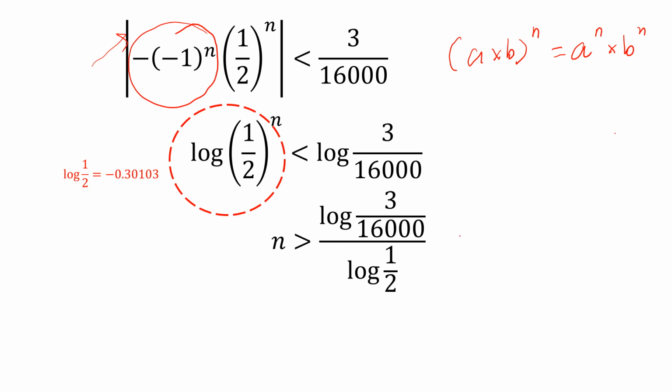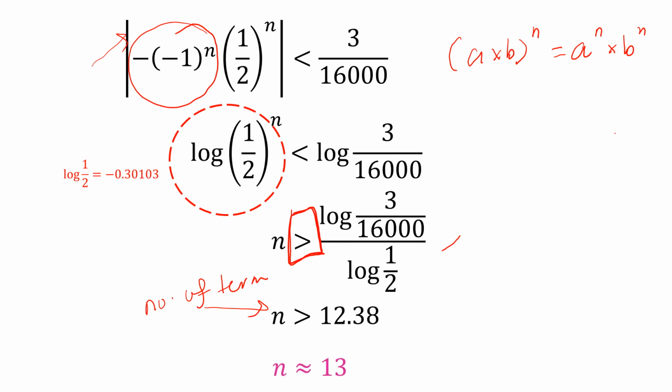But remember, this sign will change because of the negative value that we have before. So now we get n greater than 12.38, and remember, n is the number of terms. It must be a positive integer only. So we approximately get n equal to 13.